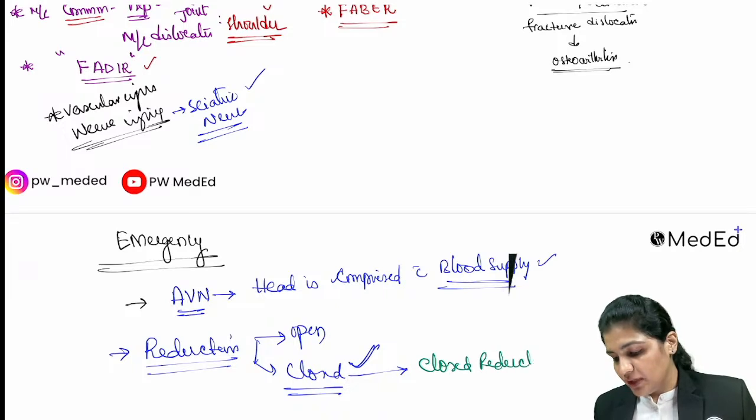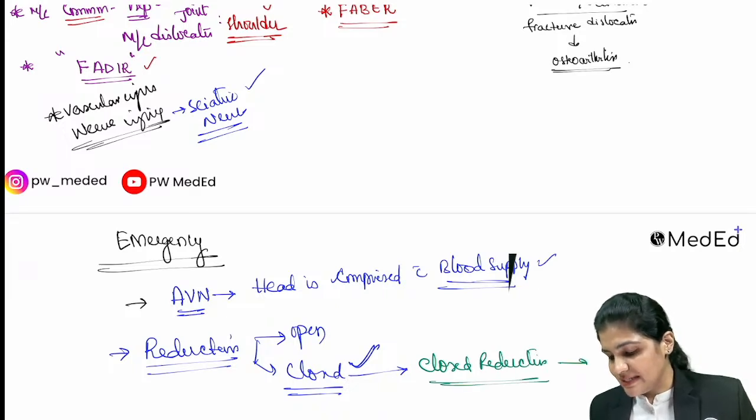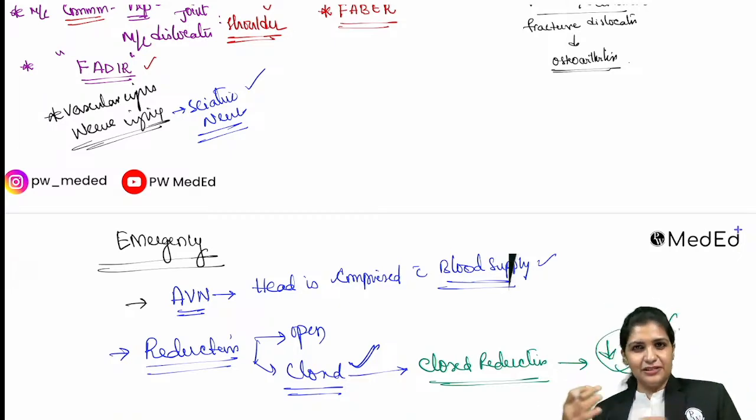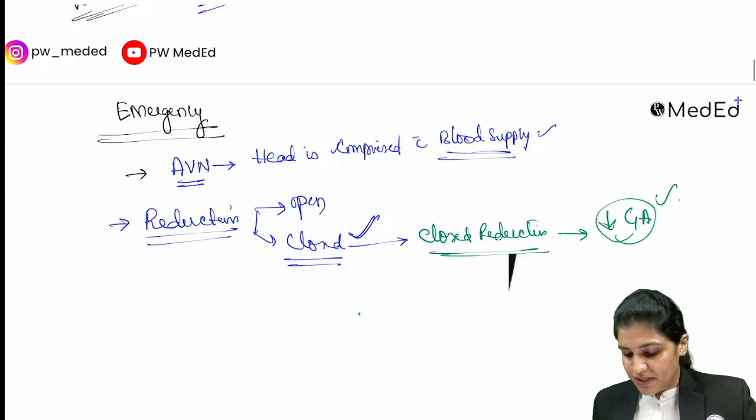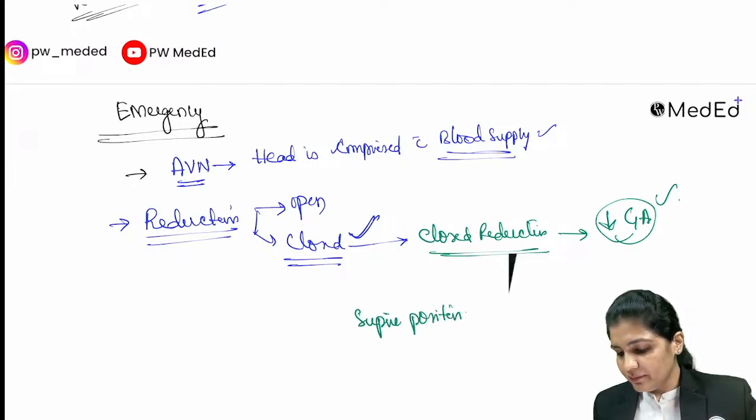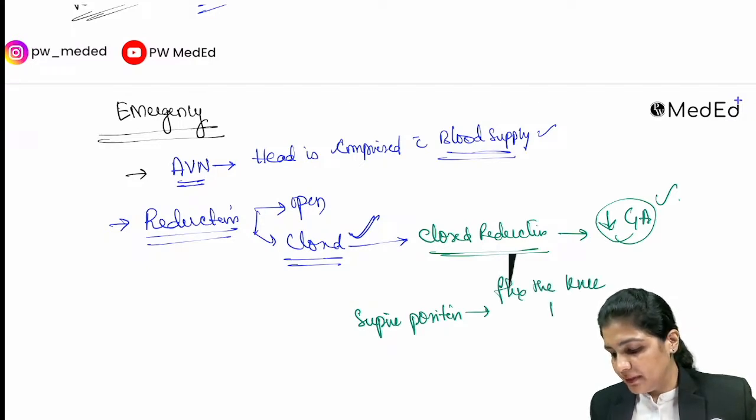But in case of your hip joint, usually we do this under the effect of anesthesia. So you anesthetize the patient and then you reduce it. How do you reduce it? You put the patient in supine position on the floor, and then you flex the knee and the hip, and then you give longitudinal traction.